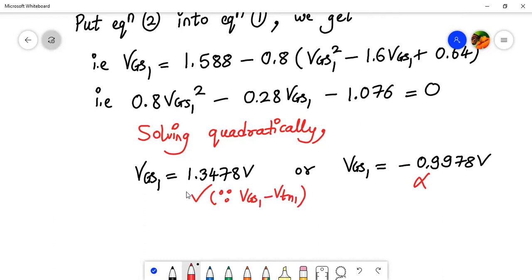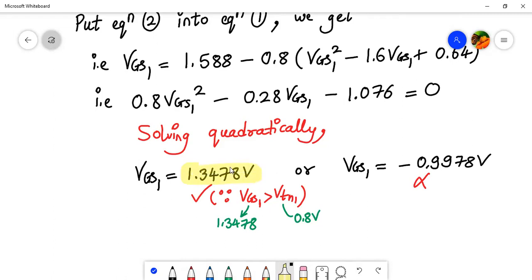VTN1 is, I think, 0.8. So this value is around 0.8 and this value is around 1.3478. So definitely VGS1 is greater than VTN1, and that's the condition which we are looking for. So this is the value of VGS1.